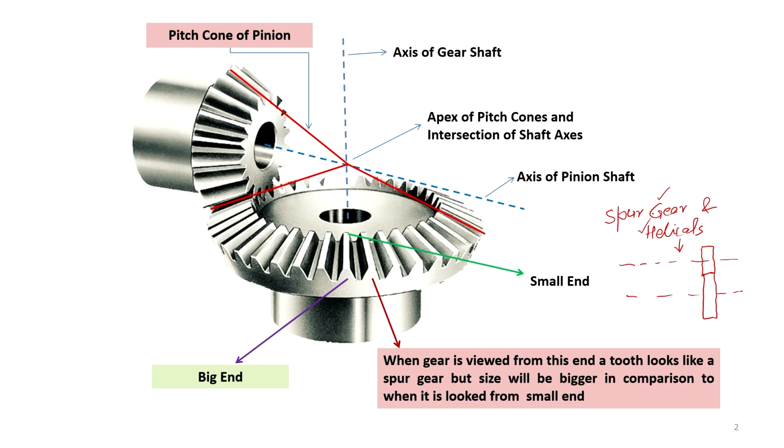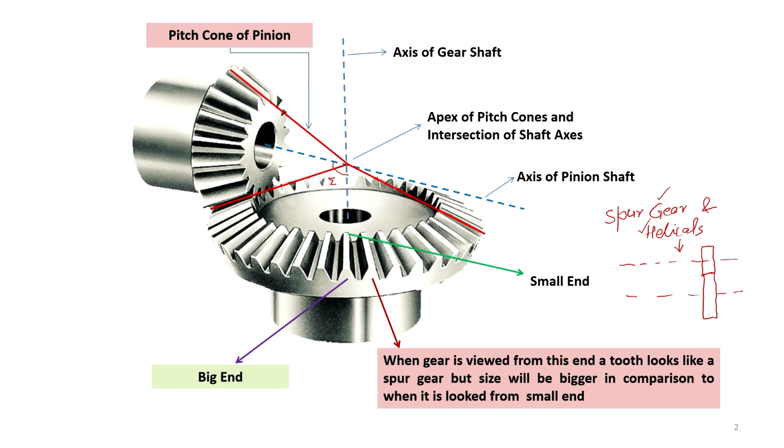But in the case of the bevel gear, if this is the shaft of the pinion and this is the shaft of the gear, then they are intersecting, making some angle, and the angle between the shafts is this.